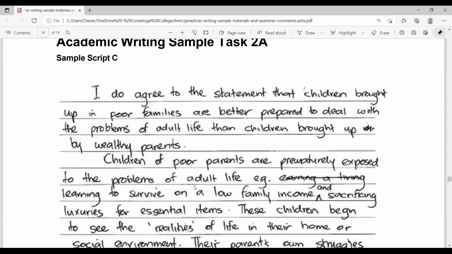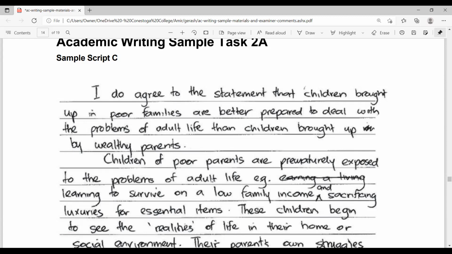So as you can see here, it is a kind of opinion that they are exposed to the problems of adult life. That is a kind of position mentioned here, and it needs to be supported. For supporting this position, two examples are mentioned.